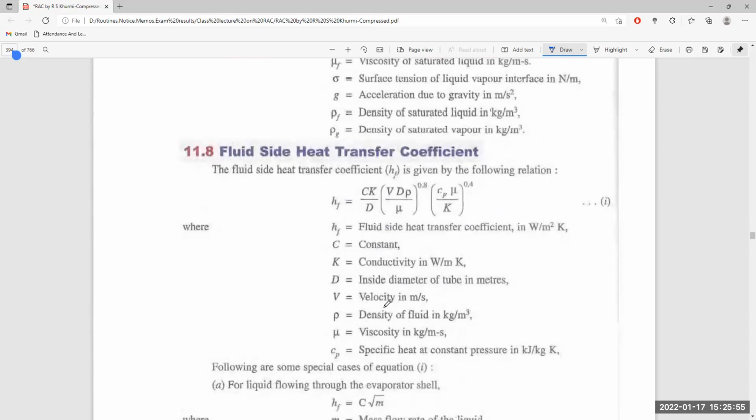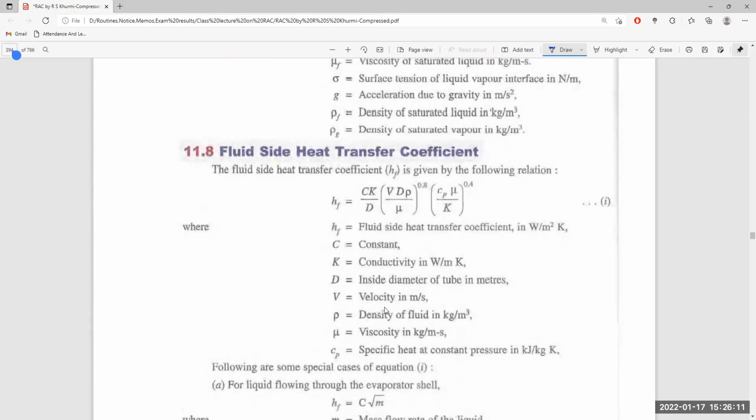The fluid side heat transfer coefficient is given by this formula: h equals C k divided by D, multiplied by (V D rho divided by mu) to the power 0.8, multiplied by (Cp mu divided by k) to the power 0.4.